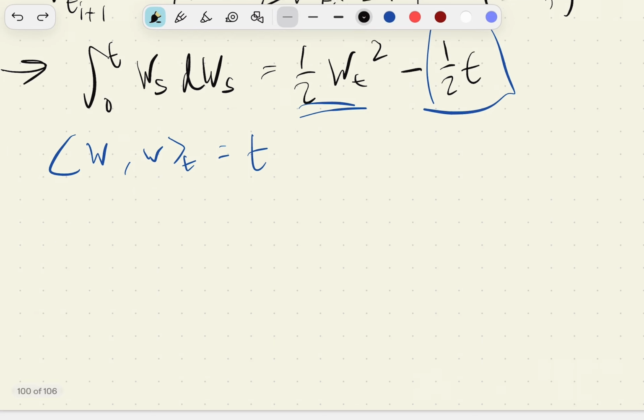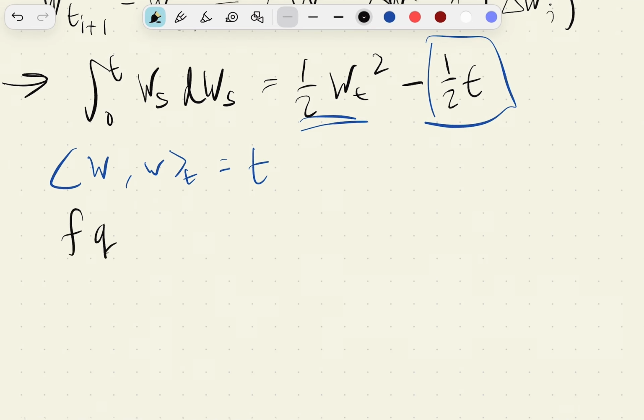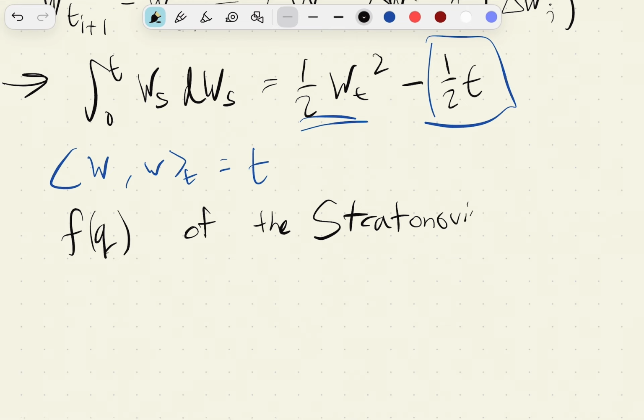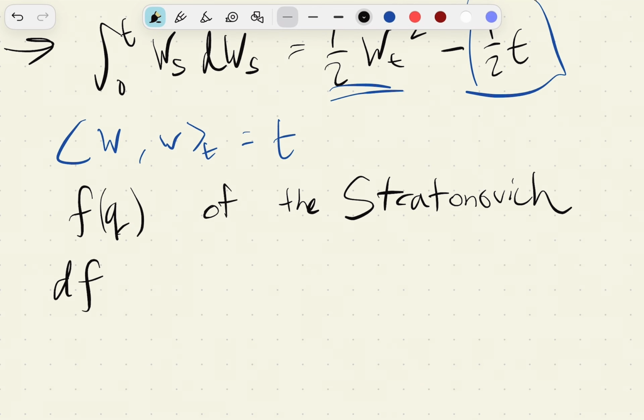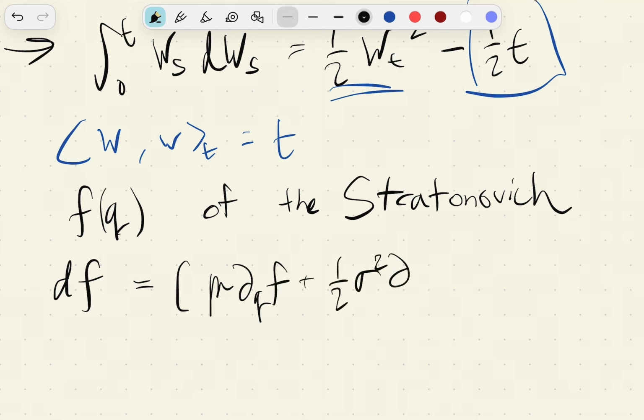So let's just say for a general function, a twice differentiable function f of q, of this Stratonovich process, lifted from its Fokker-Planck generator, the chain rule will acquire an extra second order term that just looks something like this, 1/2 times the variance with f.